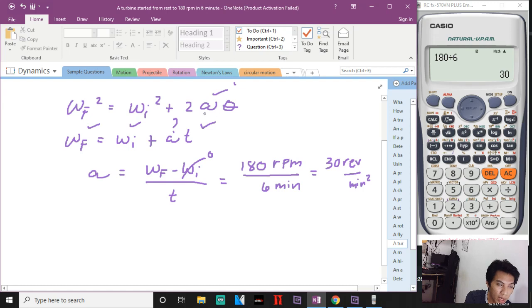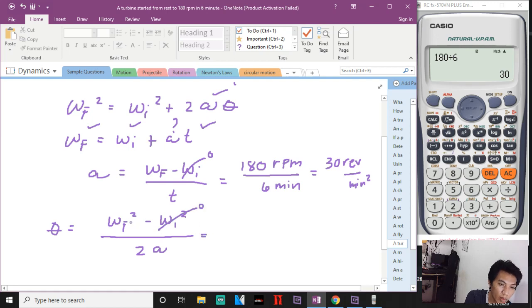So, meron na akong alpha, wala ako nito, ang hinahanap is theta. So, subtract ko na kagad yan. Theta equals omega F squared minus omega I squared over 2 alpha. Ito, 0 pa rin to.